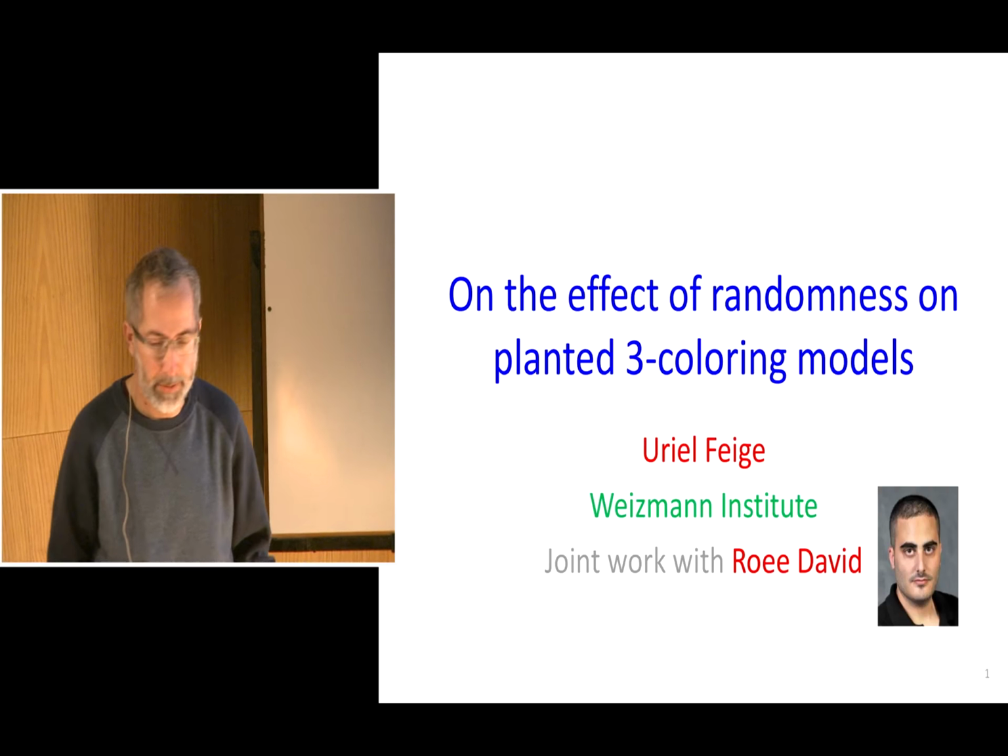You can think of it just as a random graph, a very large expander. And now, in this expander, we ourselves plant a 3-coloring. This we can do. We just at random partition it into 3 color classes and drop all the edges between them. So we planted a random 3-coloring.